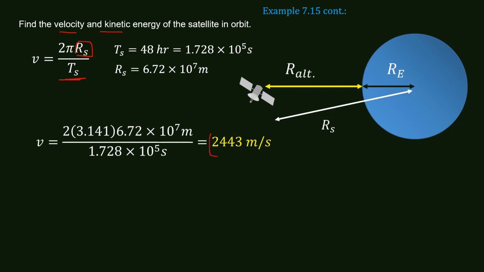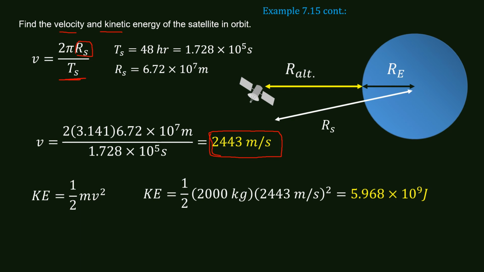The satellite is moving at that altitude and that period. So the altitude, the period, and velocity are all connected. And then lastly, to find the kinetic energy, we can just use the kinetic energy equation, plug our values in, and we get the kinetic energy of the satellite while it's traveling at a certain velocity.